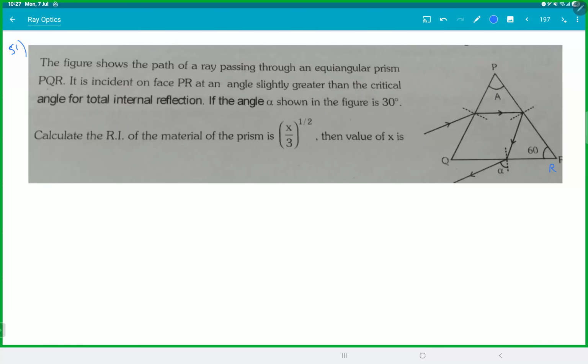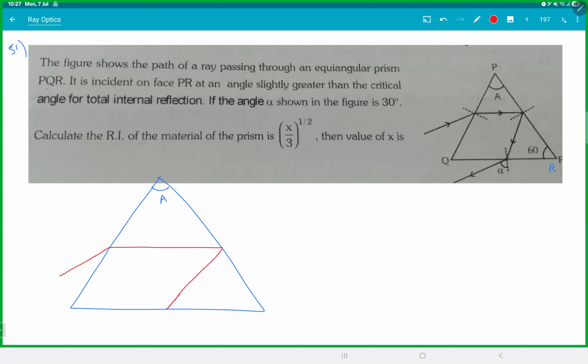Draw the picture properly. That will show you a lot of things. He's saying it's almost hitting at a critical angle. So this is theta critical, 90 minus theta critical.